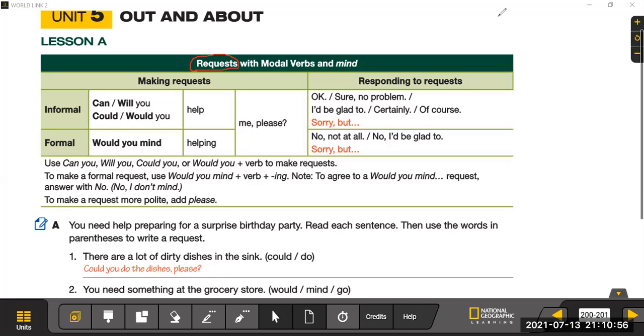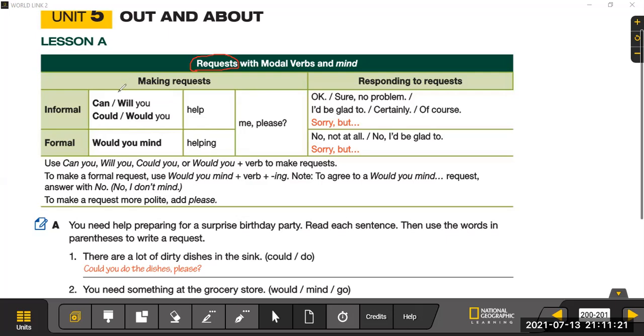You request when you ask for something. When you need something and you ask a person to do that for you, or in this case, we are talking about help, that is a request.